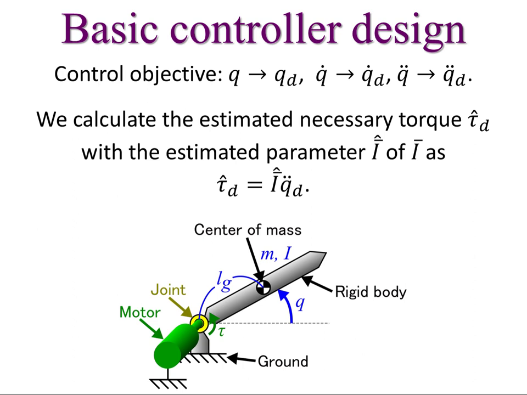If this I bar hat is equal to I bar, then the tau d hat matches the tau d of the computed torque method. Therefore, if the estimation of the parameters can be achieved, this equation allows us to calculate the torque required to generate the desired motion in the same way as the computed torque method.